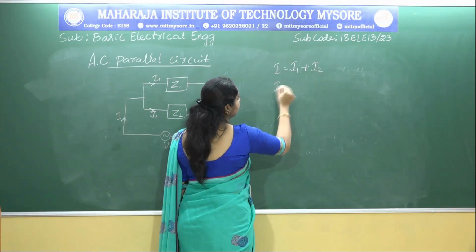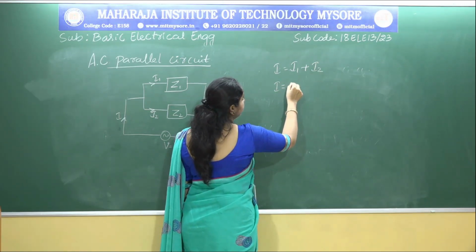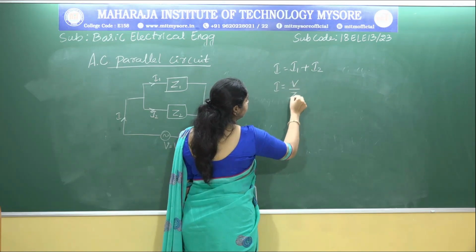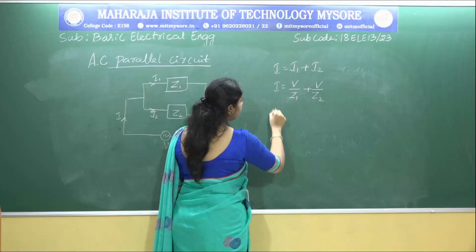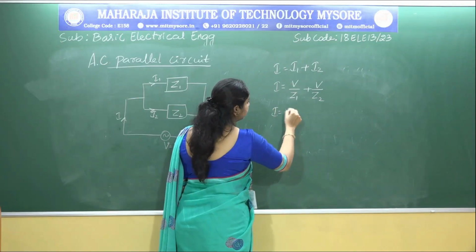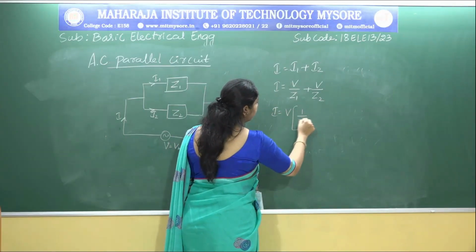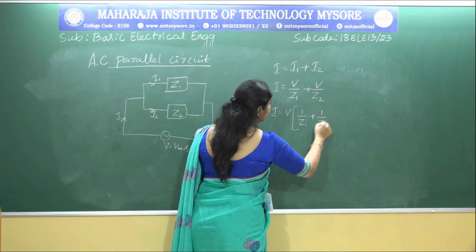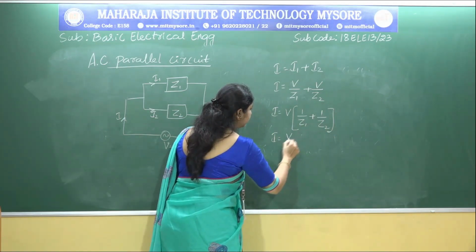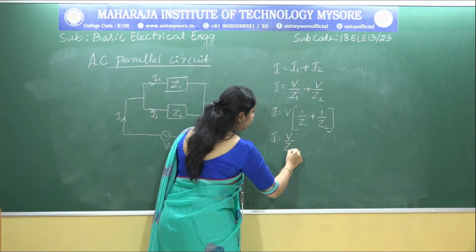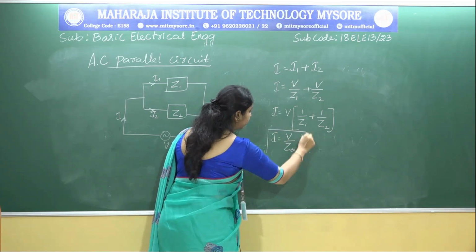So what is I? I is equal to V divided by Z1 plus V divided by Z2. Taking V common, we get V times 1 divided by Z1 plus 1 divided by Z2. Or else we can write this as I is equal to V divided by Z equivalent.